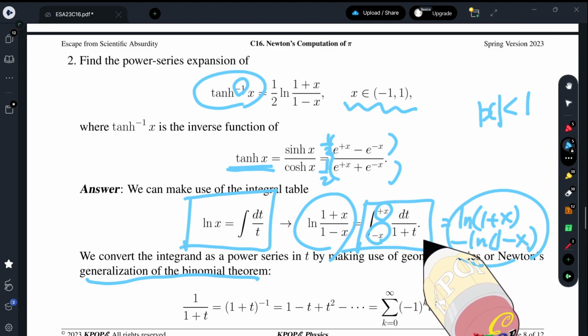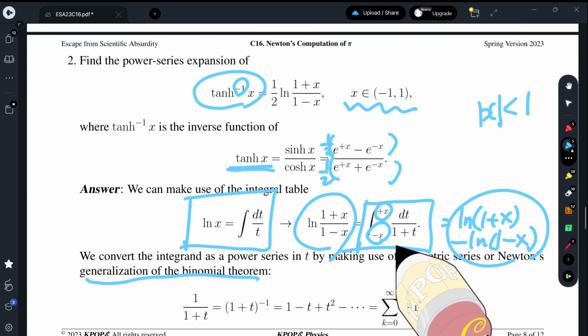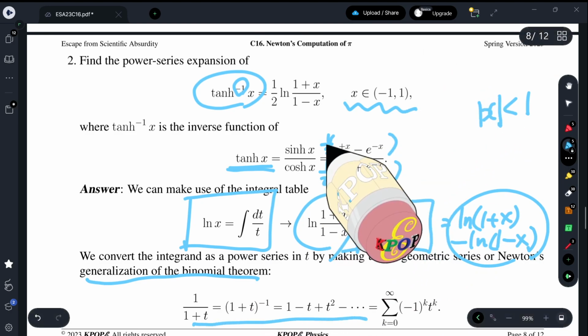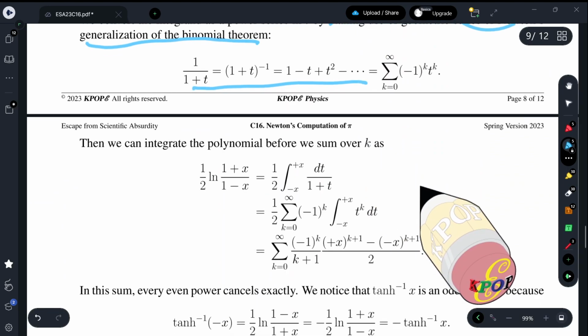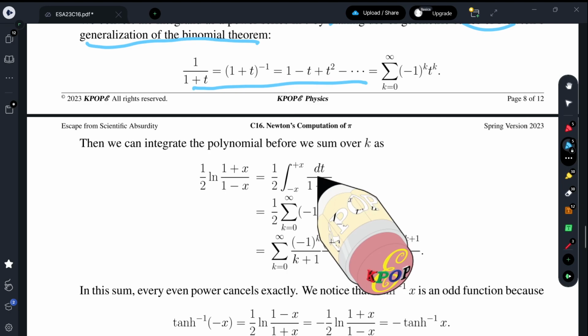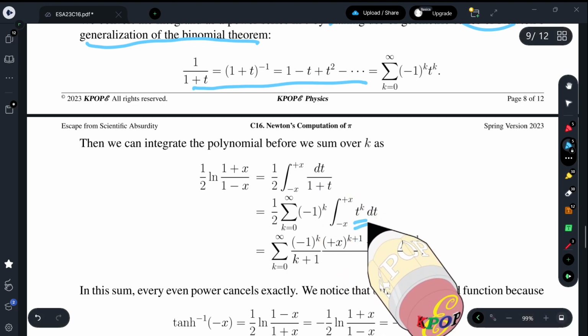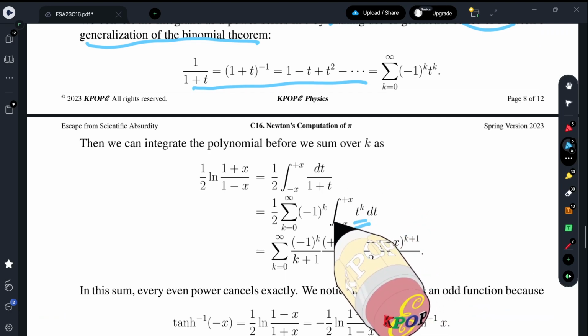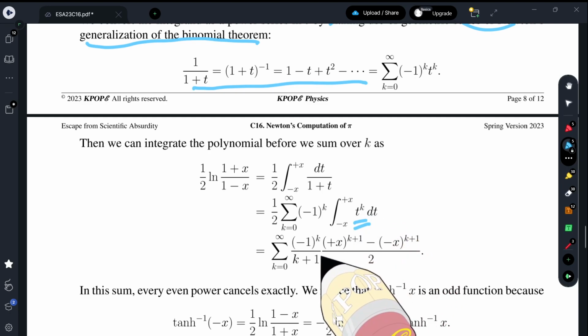So in that case, this integrand can be expanded as a power series. This is nothing but the geometric series. So using this geometric series expansion, I can simplify the integrand as a polynomial. And polynomial's integral is trivial.